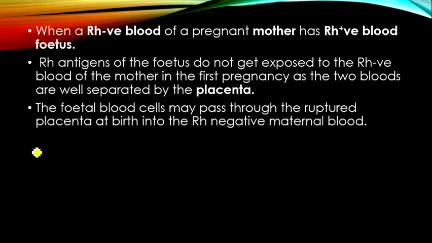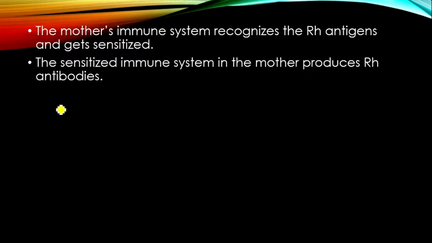See, when an Rh positive male marries an Rh negative female, any negative: A negative, B negative, O negative, any negative.